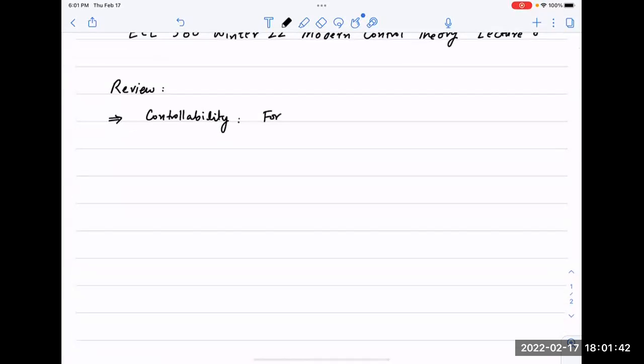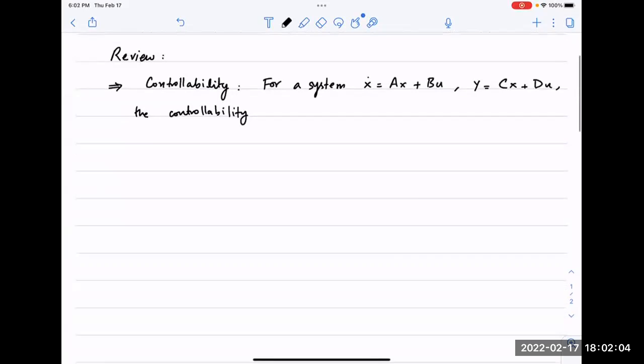So for a system x dot equals Ax plus Bu, and y equals Cx plus Du, the controllability matrix can be formulated in a special way.